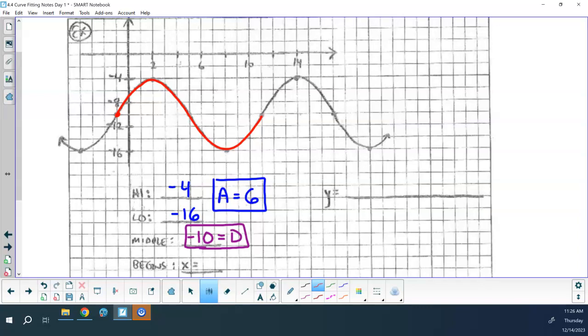Yeah? Okay, so that would be an acceptable spot. If that is the case, what is my C value? What's the C value then? -1.